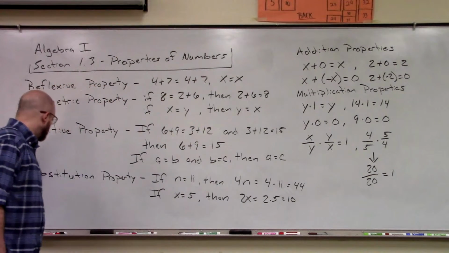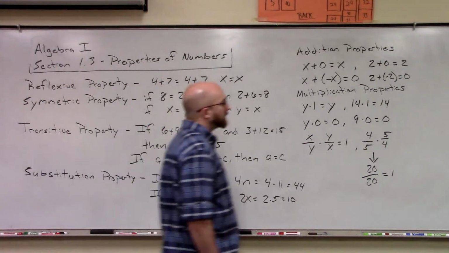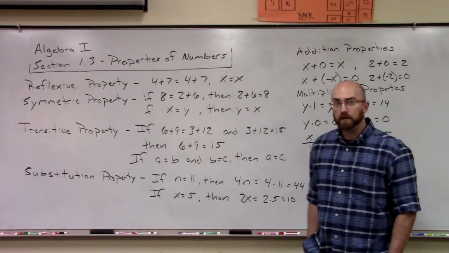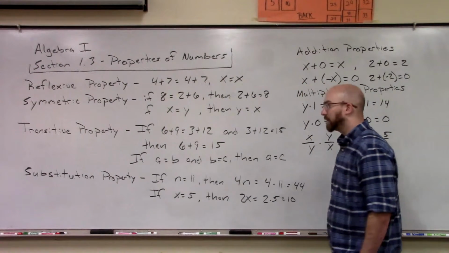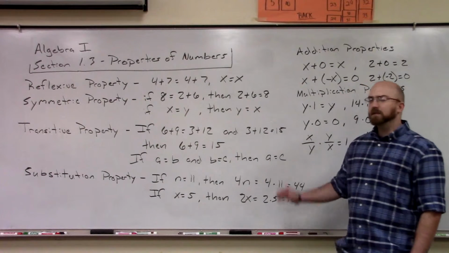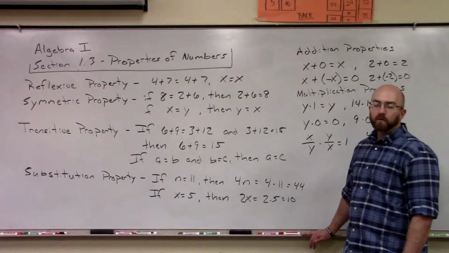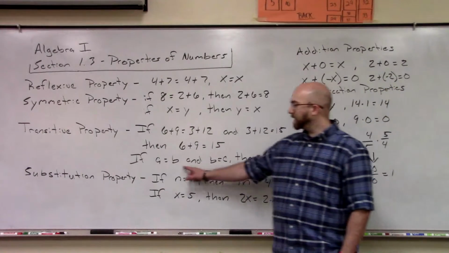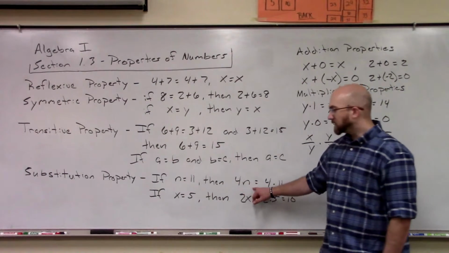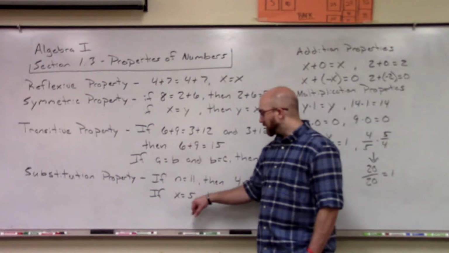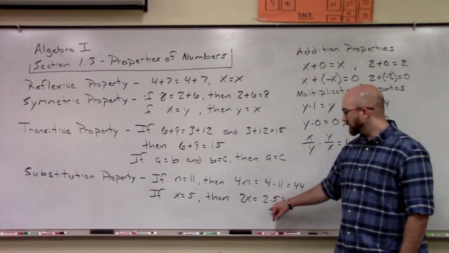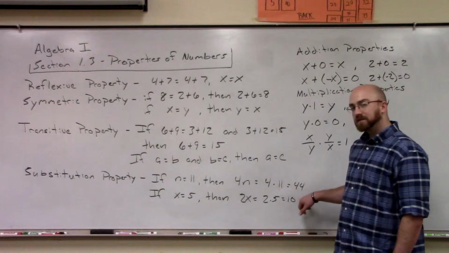The last one of this group, which is very important from here on out, is the substitution property. If n equals 11, then 4n equals 4 times 11, which equals 44. It means I just plugged the value of n into this expression. Here's another one: if x equals 5, then 2x equals 2 times 5, which is 10.